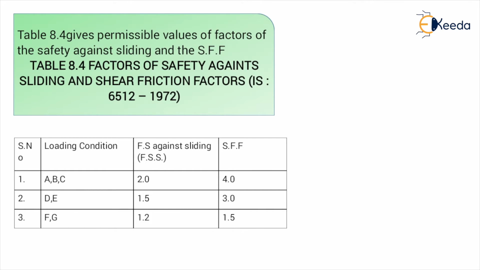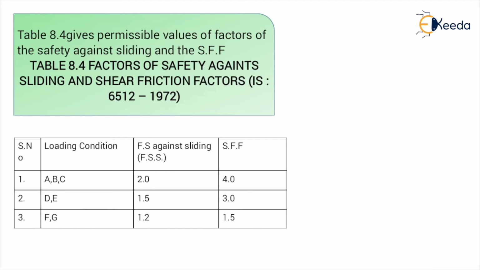Load condition F means the maximum flood level will arise with extreme uplift pressure, meaning there is no chance to discharge the seepage water. The seepage water accumulates inside the body of the dam, and it does not get any outlet to pass to the downstream side. Because of this, extreme uplift pressure arises in the body of the dam. This condition is treated as loading condition F.